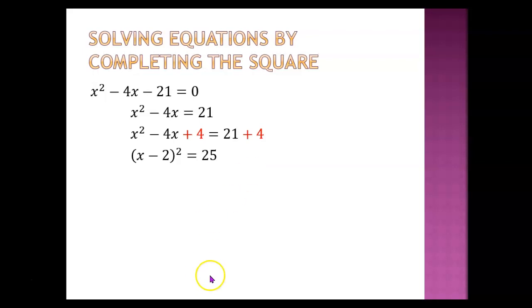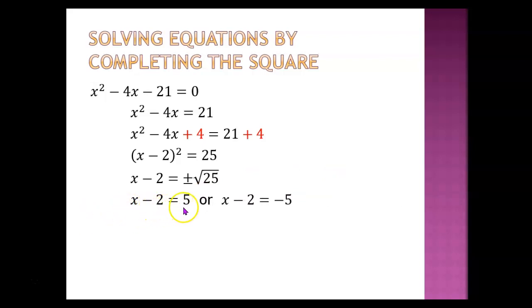So the something, the x minus 2, equals plus or minus the square root of the number. And here the square root of 25 would be 5. So that means x minus 2 equals 5, or x minus 2 equals negative 5. And then finish solving for x by adding 2 to both sides. X equals 7, or x equals negative 3.